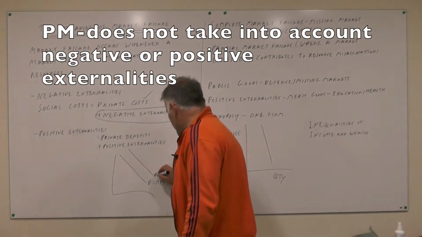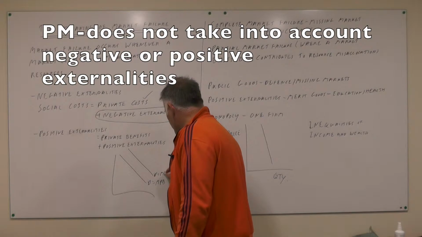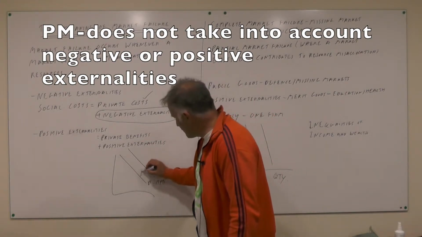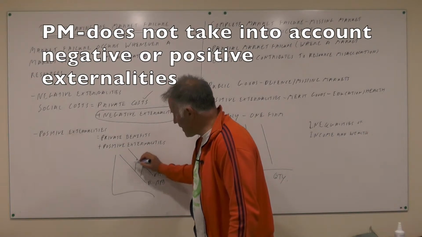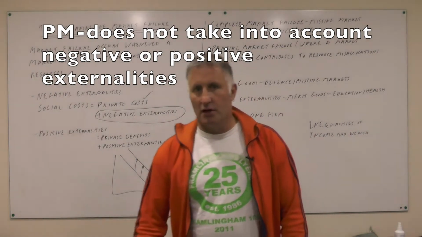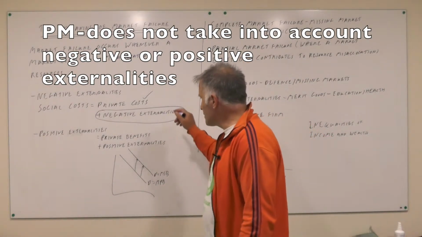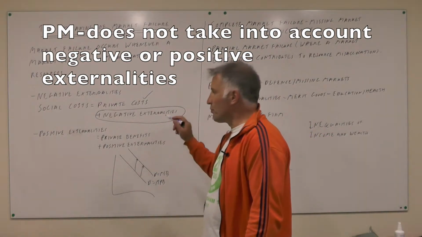So call that D dash, and that is marginal social benefit. In this case, the difference between the two is the benefit to a third party. So a price mechanism is good at allocating resources, but never takes into account negative externalities or positive externalities.